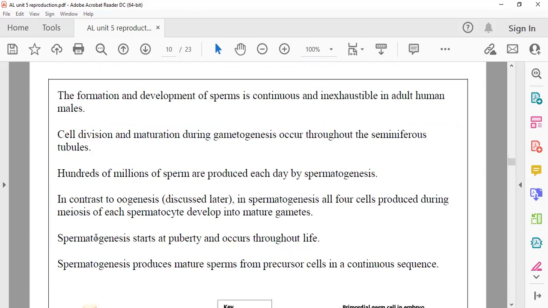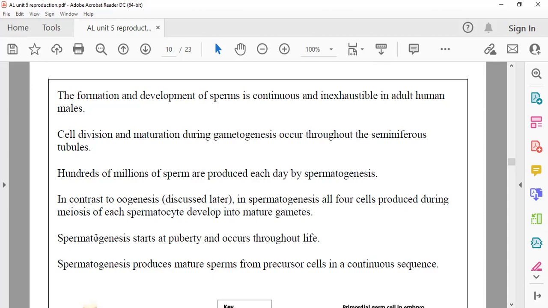Right. What is the next statement telling you? Read that statement. The formation and development of sperms is continuous and inexhaustible in adult human males.